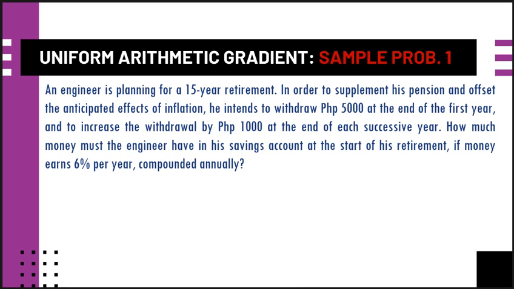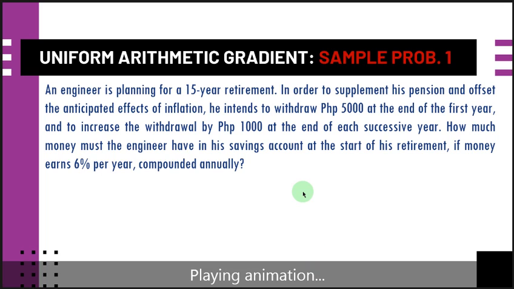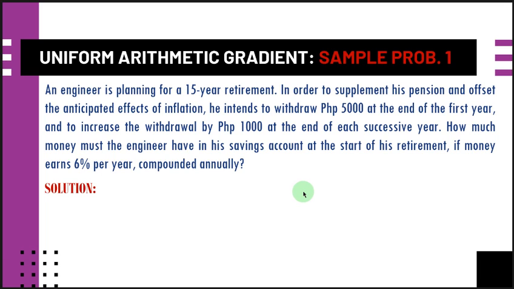First, we need to identify the given parameters. In this case, we have our n, which is equal to 15 years. Another given is the 5,000 pesos at the end of the first year, with the withdrawal increasing by 1,000 at the end of each successive year. So our annuity is simply equal to 5,000.